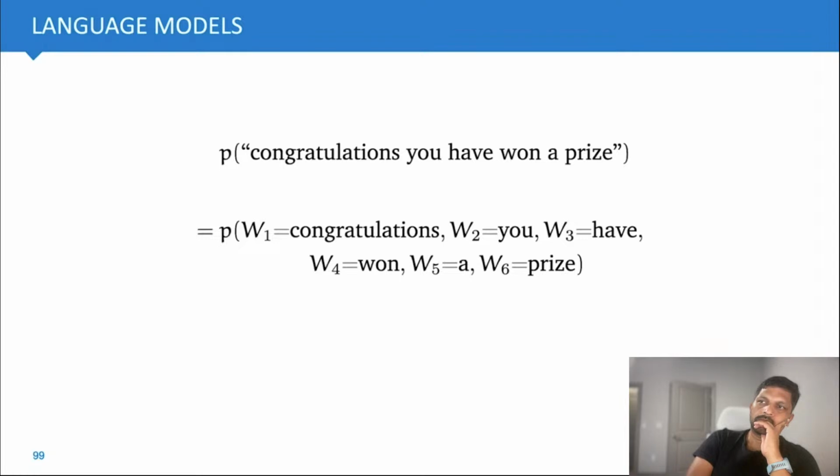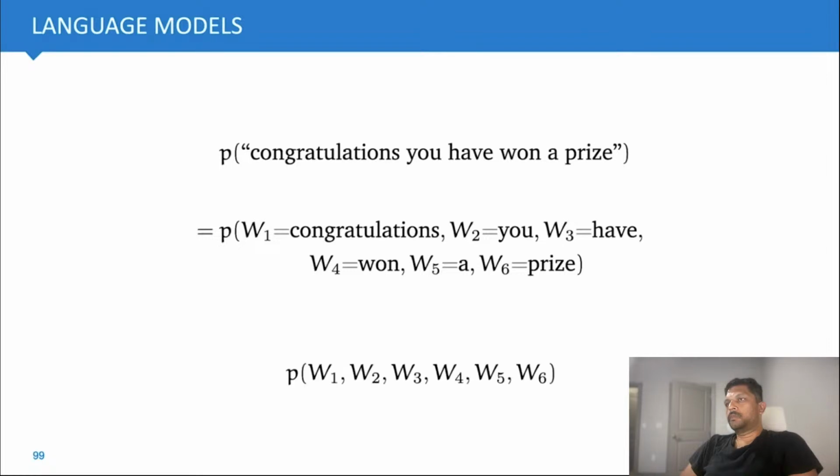And what we're looking for is the probability that the first random variable takes on the value congratulations, the second variable takes on the value you, and so on until the sixth random variable, which should take on the value prize. And in shorthand, we will write that like this. Now, we don't usually have enough data to see even one complicated sentence multiple times.